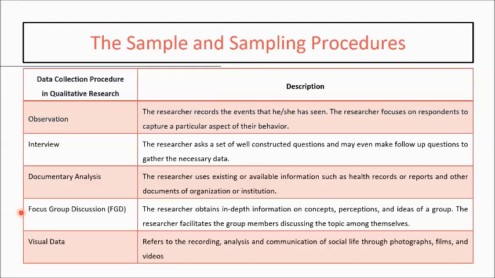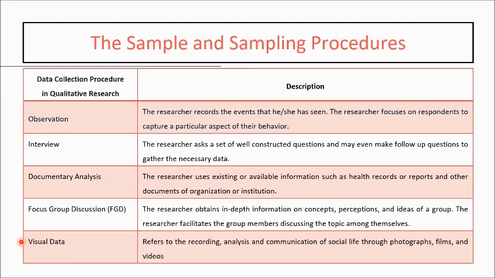Next is visual data. When we say visual data, it refers to the recording, analysis, and communication of social life, like photographs, films, and videos. So if you want to use movies, documentaries, films, videos, or even pictures or photographs, you can use that in your research. That is under visual data.